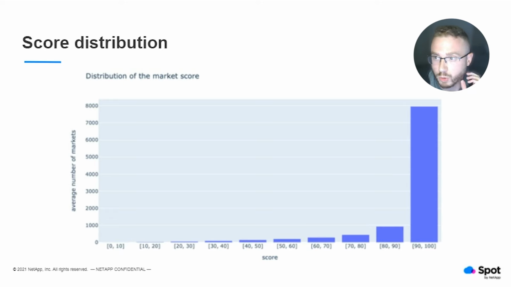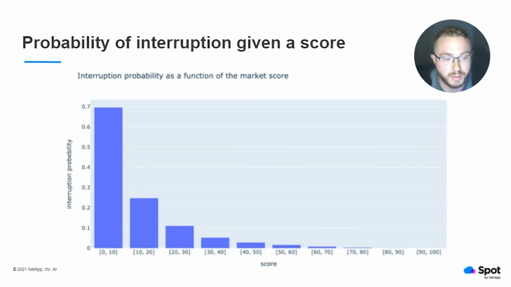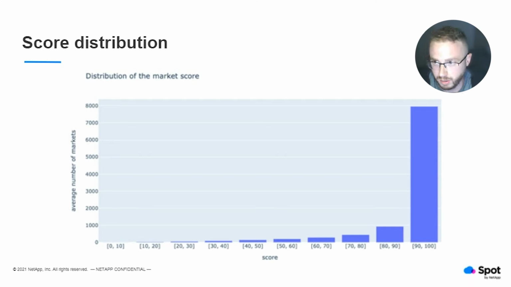So it means that most of the time, the availability is going to be high, and we are not going to do anything to your instances. Only when it's really high likelihood that you get an interruption will the score drop. So these are the two statistics that are important, and as you can see, it behaves really well.